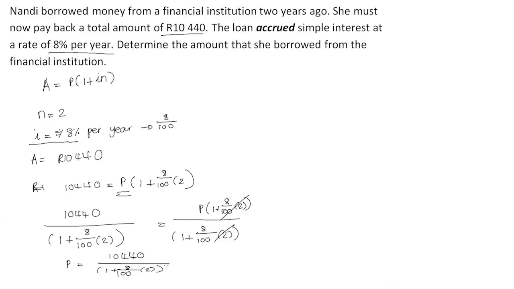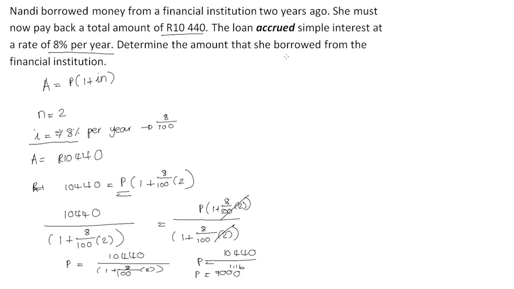Simplifying the equation, we get P is equal to 10,440 divided by 1.16, and this gives us a final answer of 9,000 Rand. Therefore, the principal amount, or the amount that Nandi borrowed, is calculated to be 9,000 Rand.